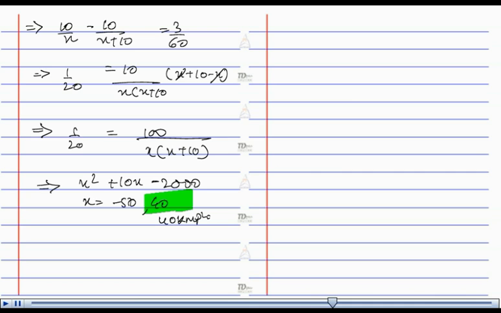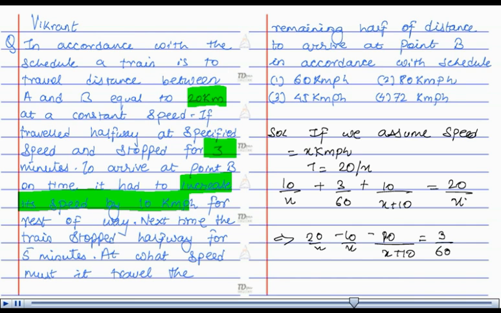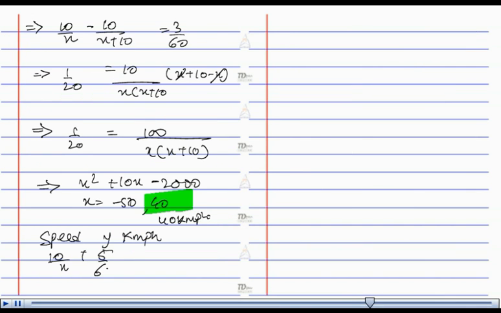Similarly, in the second run, if we assume the speed as y kilometers per hour, we get 10 upon x plus, the question says it stops halfway for 5 minutes, so it will be 5 by 60, plus 10 by y, it will be equal to the total time, that is 20 by x. It will give you 1 by 12 plus 10 by y is equal to 10 by x, which will be equal to 10 by 40, or it will be equal to 1 by 4.